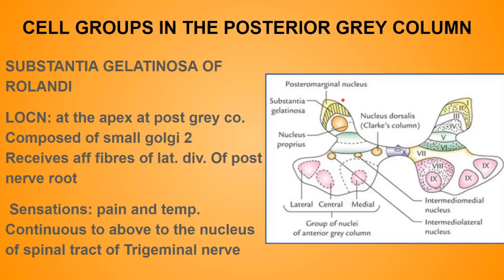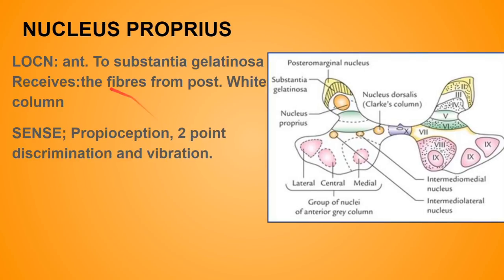Over here, it receives afferent fibers from the posterior nerve root only with the lateral division, and over here it will take fibers from the posterior white column. Remember, it constitutes the main bulk of the cells present in the posterior gray column. It extends along the whole length of the spinal cord and senses proprioception. What is this? It is the sense of position and movement, 2-point discrimination and vibration.